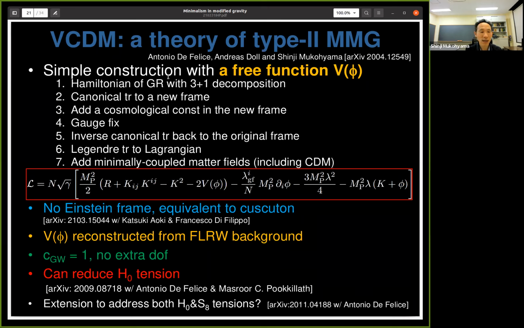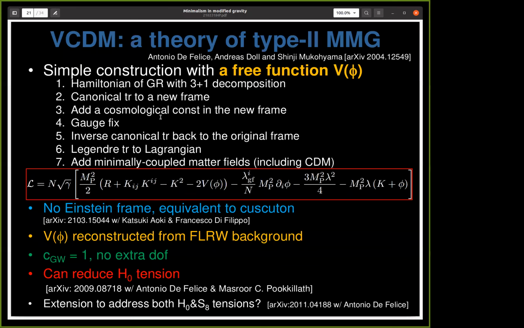But of course, at this level, the theory is not changed, so we have 4D diffeomorphism. Then we perform a canonical transformation to go to a new frame. Still, we have 4D diffeomorphism, which is non-trivially hidden. Then we add a cosmological constant. By adding the cosmological constant in the other frame, at this point, we break 4D diffeomorphism, time diffeomorphism. But we still keep 3D diffeomorphism.